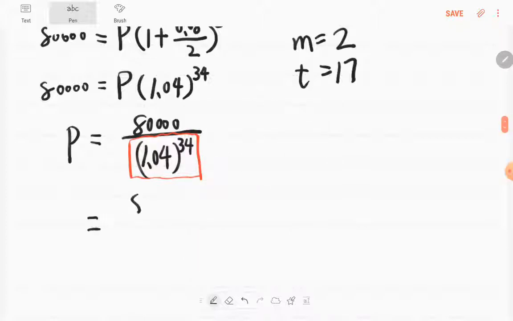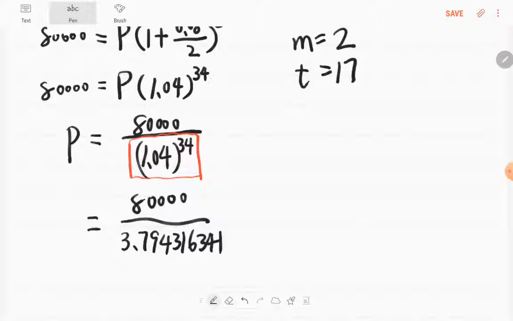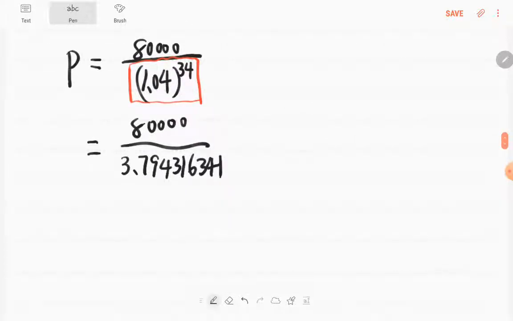If you use a calculator, you will have 80,000 divided by 3.794316341, keeping as many decimals as possible. When you do the division, you will have 21084.16716.